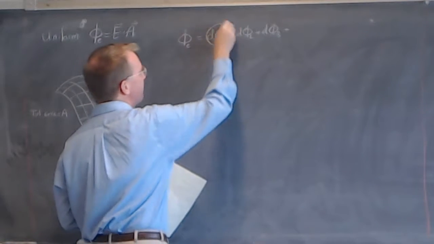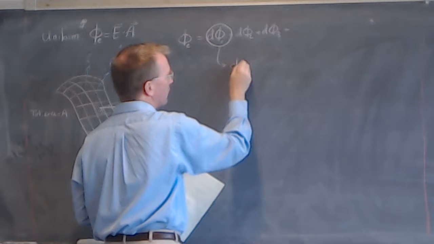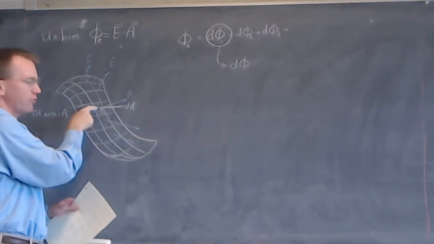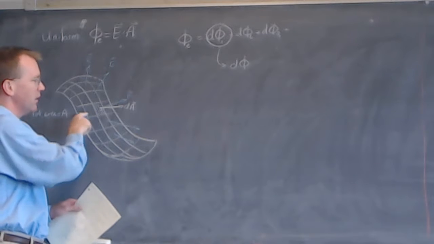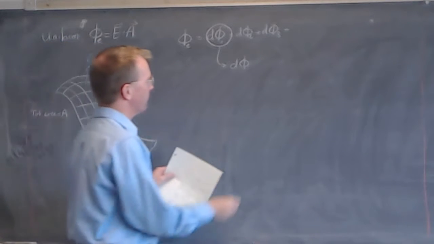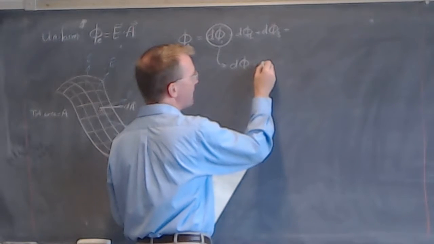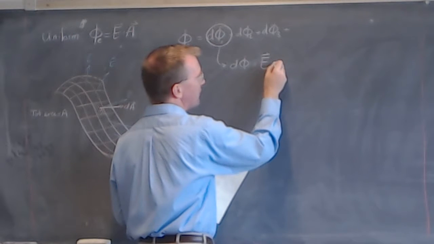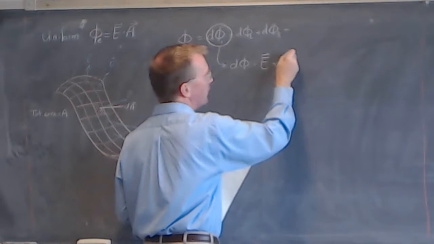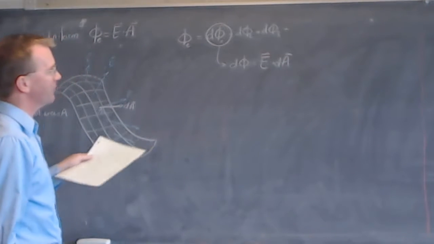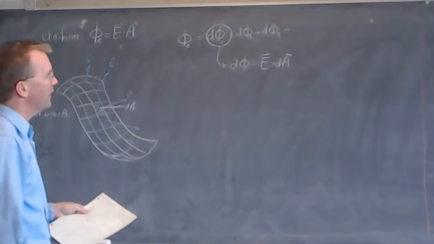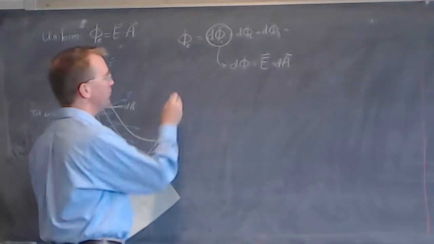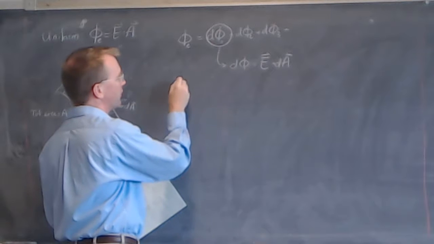And so what is d phi? Well, that is the infinitely small bit of flux that goes through this infinitely small bit of area and with that electric field there. So d phi is going to be equal to the electric field E dotted with the area vector for that infinitely small bit dA. And really, because I've got an infinite number of these that I'm summing up, well, it's an integral. Each one is infinitely small.